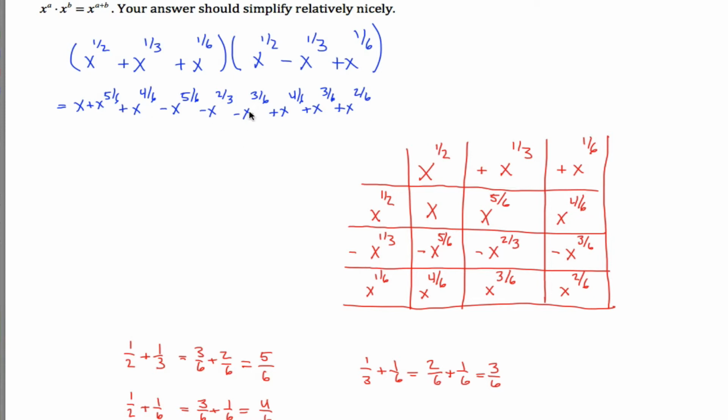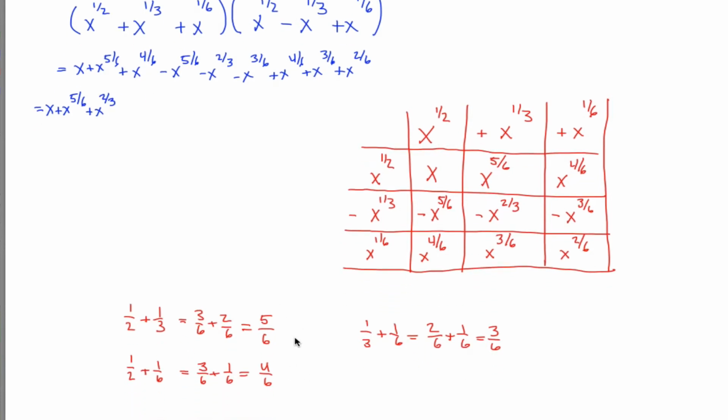You can simplify a lot of those, reduce a lot of those fractions. I have x plus x to the 5/6, and x to the 4/6 is just the same as x to the 2/3, because 4/6 is equal to 2/3.